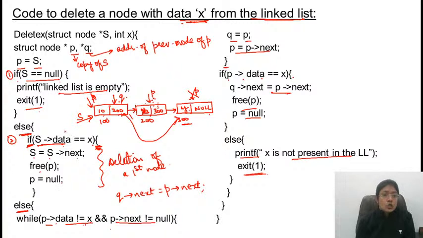Alright, so this is all about deleting a node from the singly linked list. So is there any doubt in the insertion or deletion? Yes, no? I hope that now it's clear to everyone where we need to take.